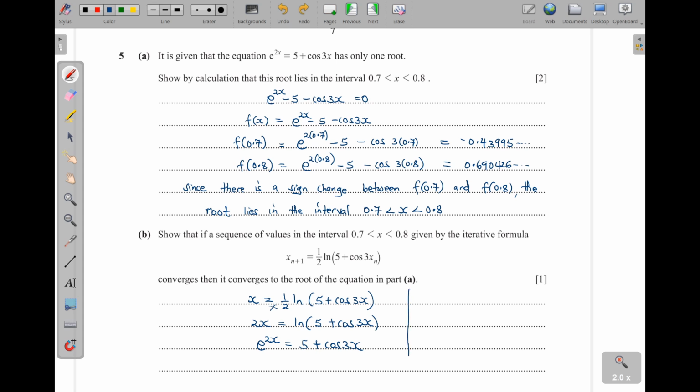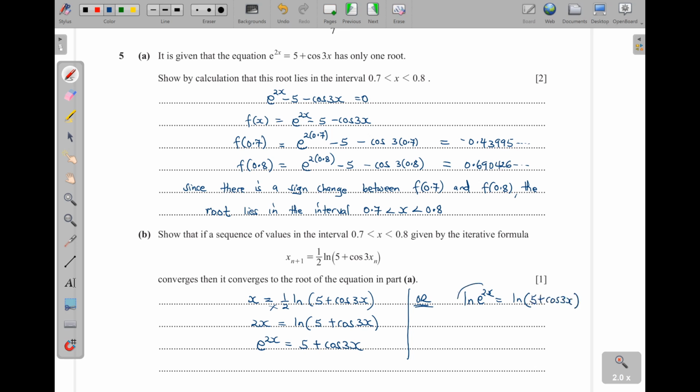Alternatively, you can use this one here and you make one of them the subject of the formula, but it comes to this one here. Okay, so I can actually make this x here the subject of the formula. So we can introduce logarithms on both sides. Natural log of e to the power of 2x, then natural log of 5, then plus the cosine of 3x.